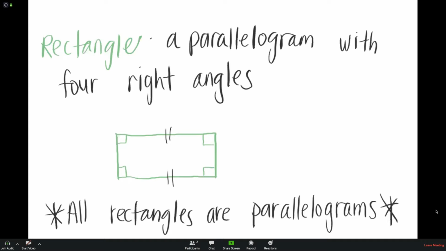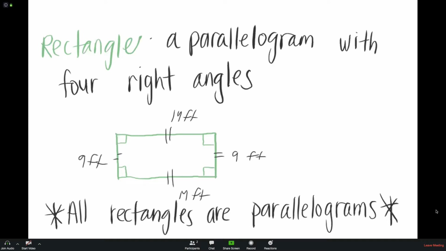So these two have the same length, say 14 and 14. They're parallel, they have the same length. These left and right are also equal and parallel.